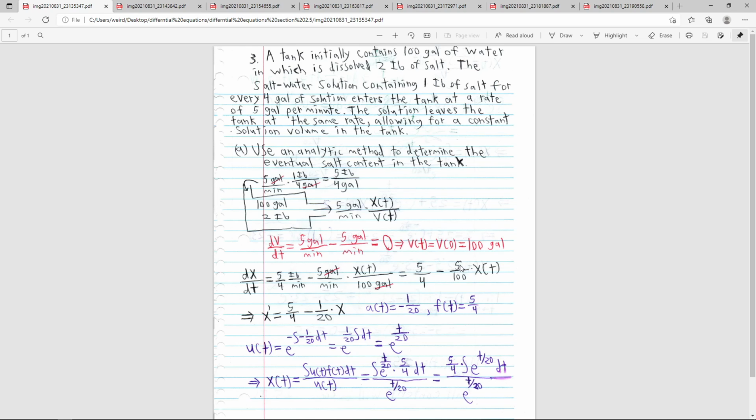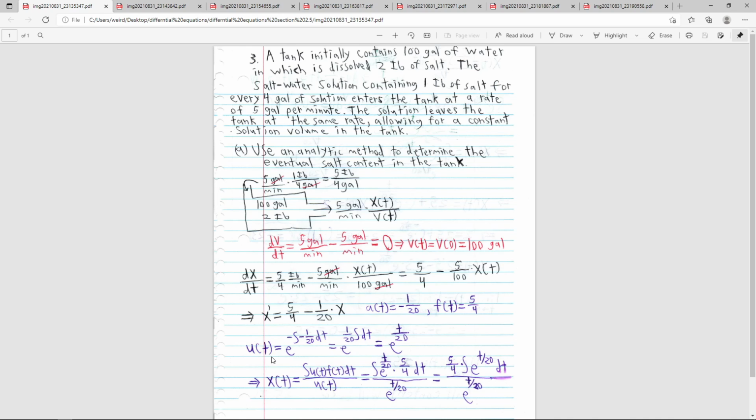So it's 5 fourths minus 5/100 x of t is what x prime is equal to. So x prime is equal to 5 fourths minus 1/20 times x. We have a equal to negative 1/20 and f term equal to 5 fourths. So the integrating factor, we solve this because it's a linear ODE, a linear ordinary differential equation.